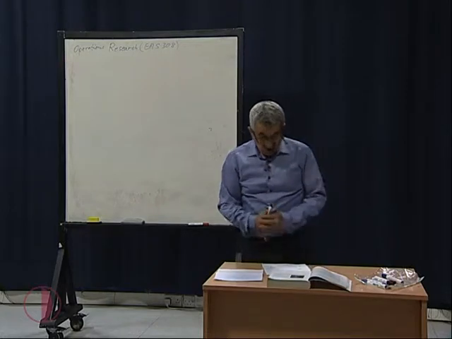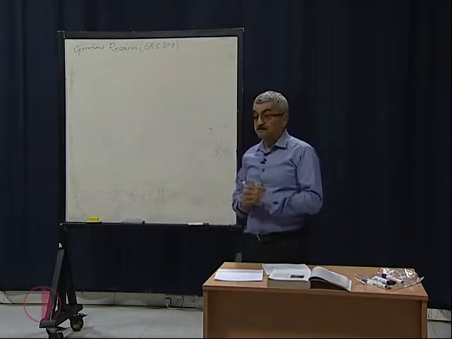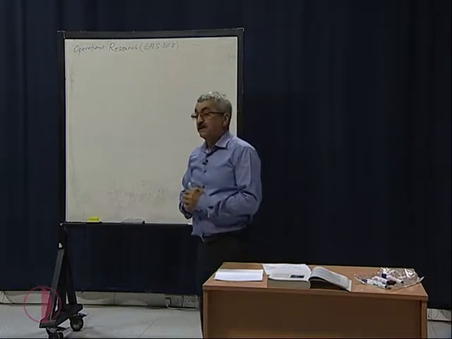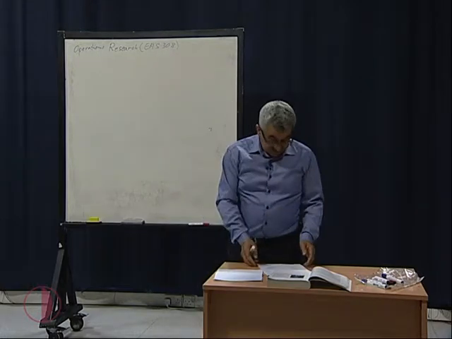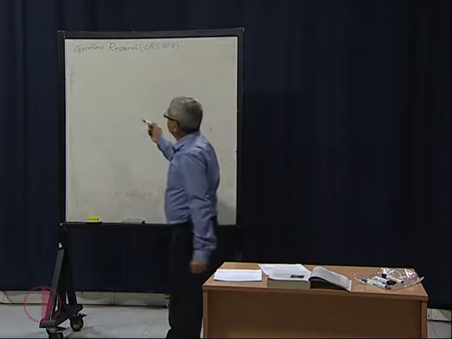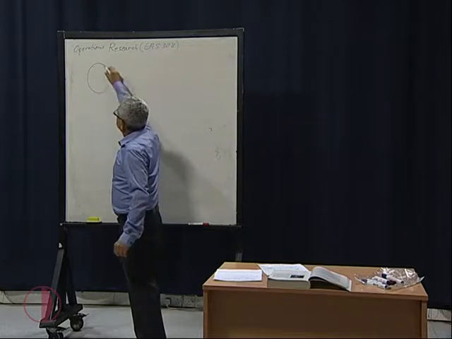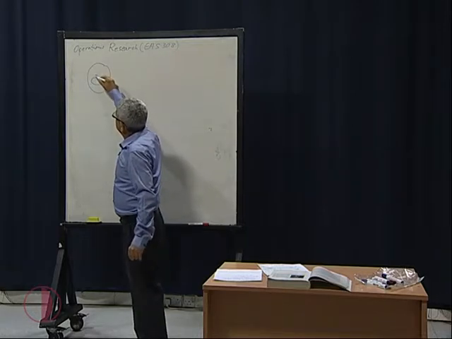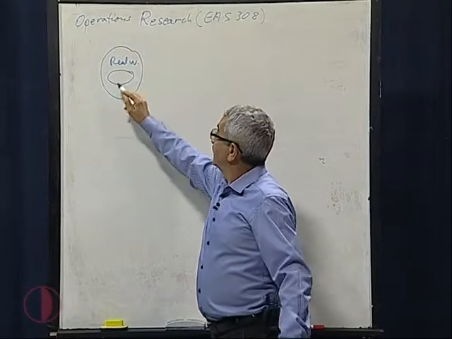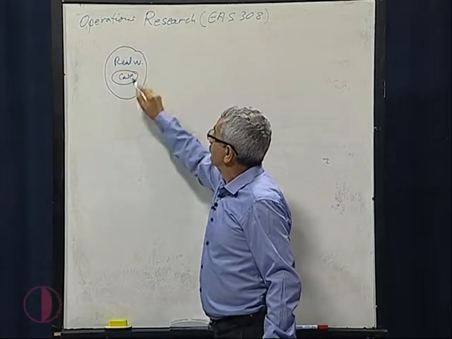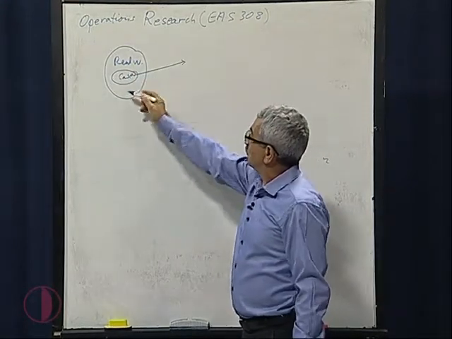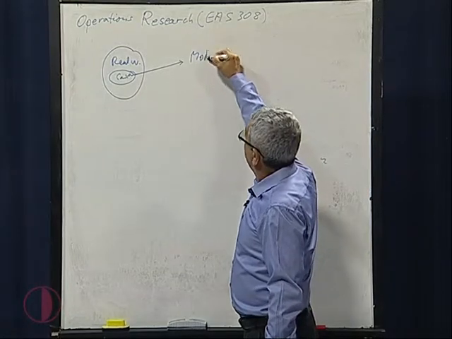We said that Operation Research is quite an important issue because we have to use our scarce resources effectively. And we said there is a real world system, and this is the real world, and this is the case or a problem. And what we said, we take that case, that problem, and make it a model.